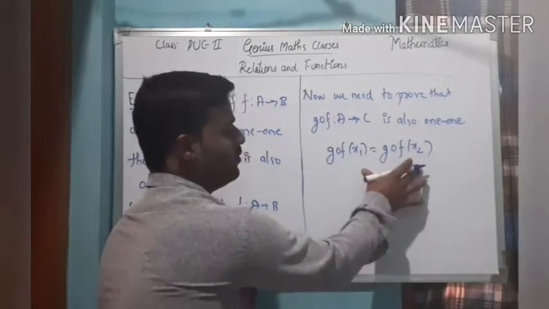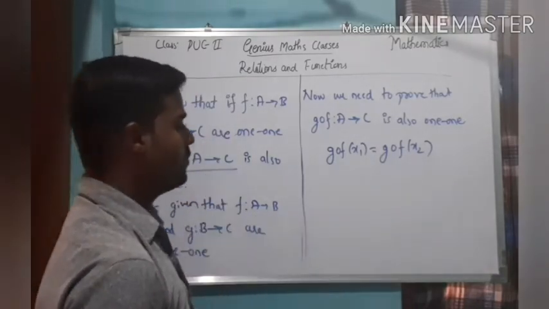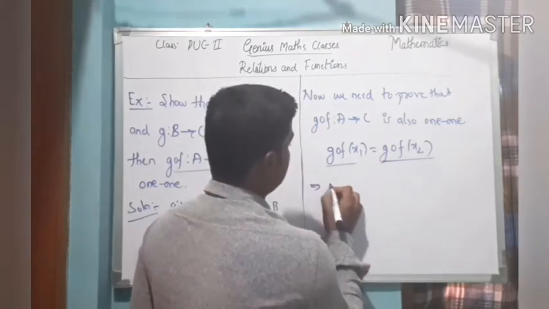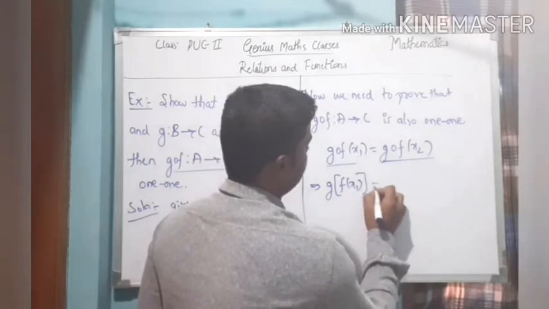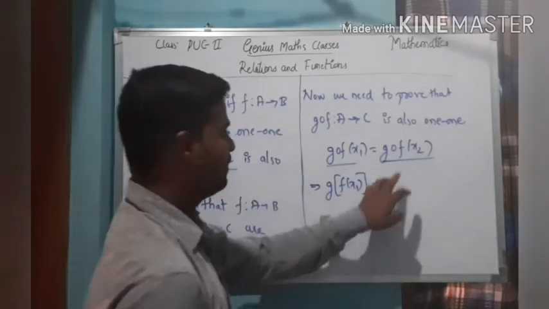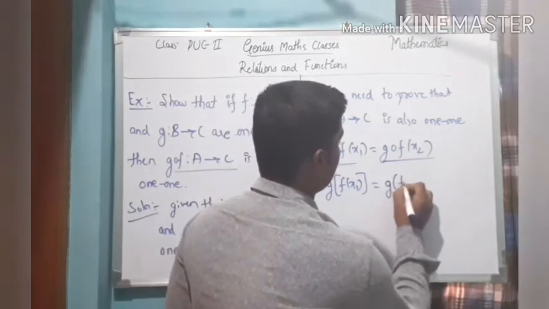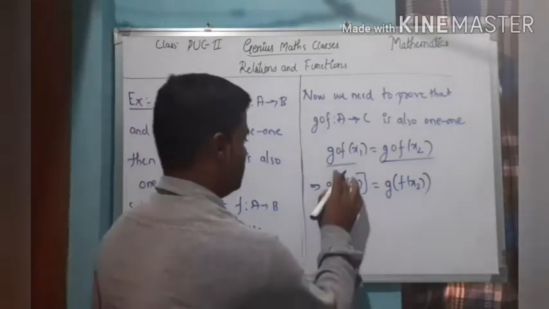Then only can we say the composition is also 1-1. By the definition, this is g of f of x1 equal to g of f of x2.